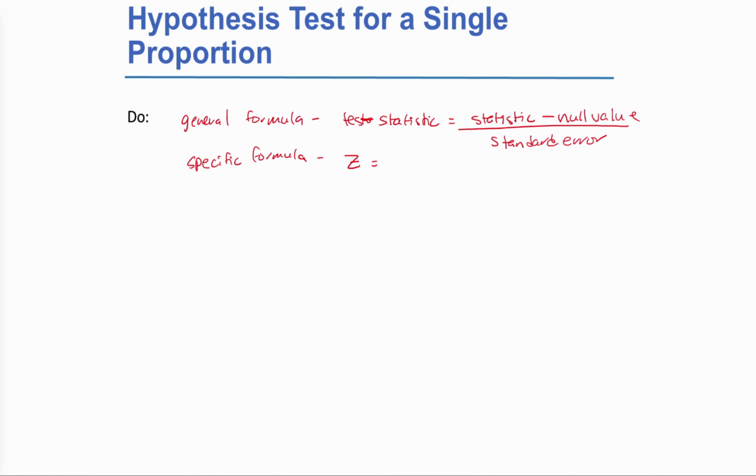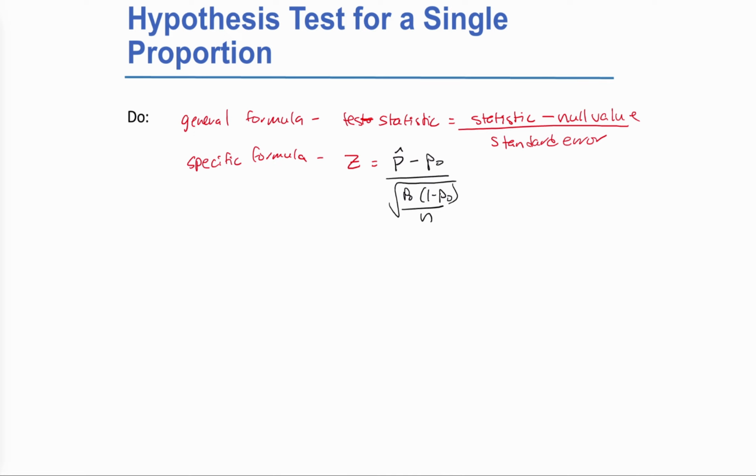It's the statistic, which was, what did we get, 0.85, minus the null value of 0.5, so p hat minus p0 over the square root of p0 times 1 minus p0 over n.